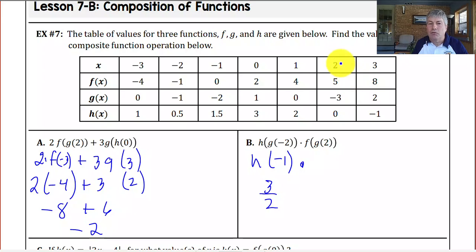So I input 2, I find my output, and that would be negative 3, so times f of negative 3. And then negative 3, input that into f, I get an output of negative 4, so it's times negative 4, and negative 4 and 2 simplify to negative 2, and I get an answer of negative 6.